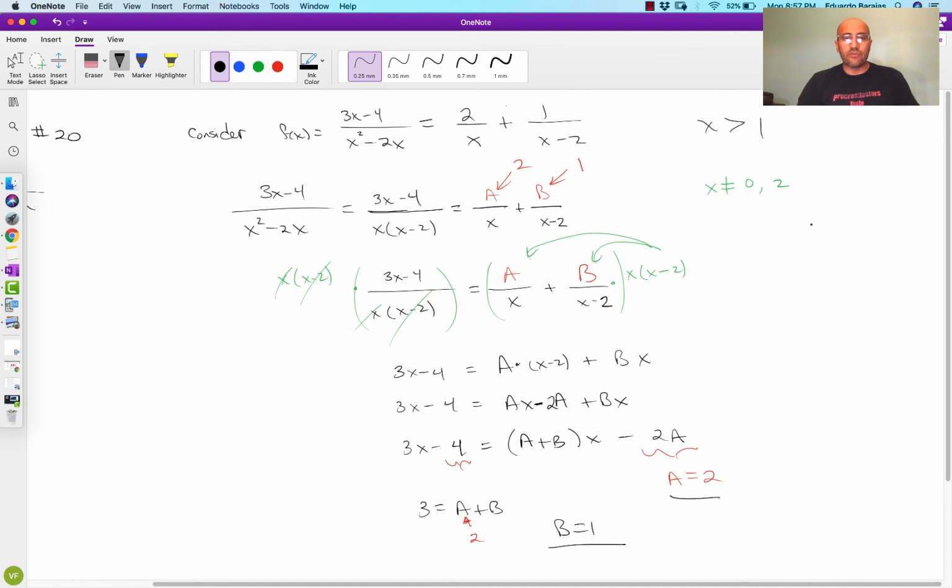If we take the derivative of 2 over x, the derivative of this guy is just going to be negative 2 over x squared, which means it's always negative. Same thing with this one when we take its derivative. So it's decreasing, it's positive, it's continuous.